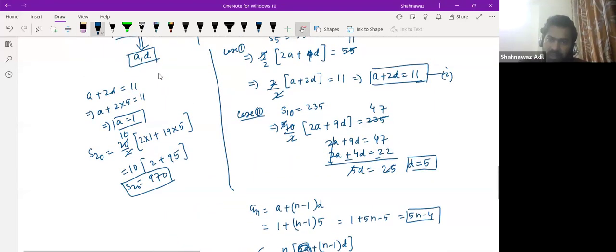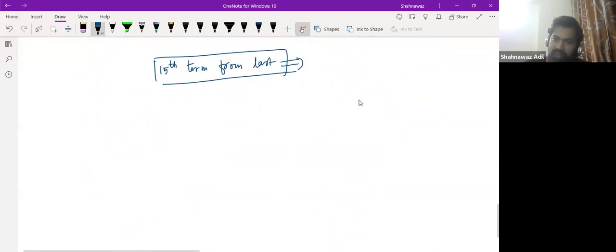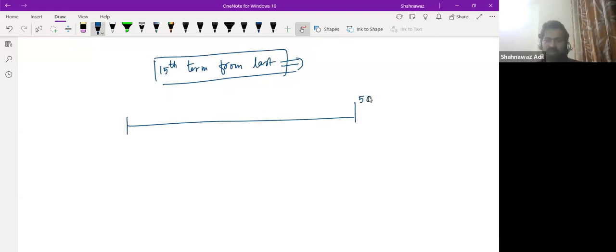For that part we also require it, right? Let's say we have 1 to 50 terms, the first 50 terms. So you have the total number of terms, and let's say you have the sum.